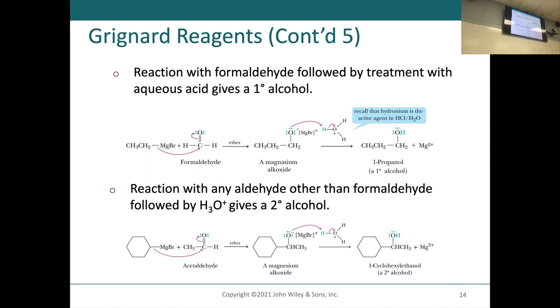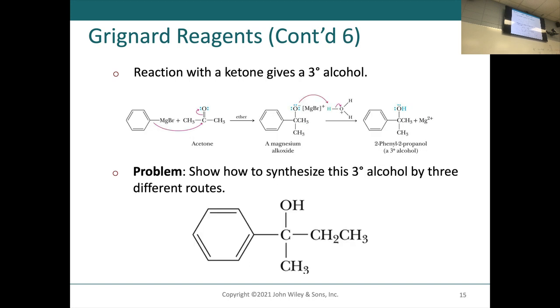Mother Nature's figured it out. We've kind of figured it out, but she's still better than we are at it. So this is a big deal, being able to make a carbon-carbon bond. So there's the example of making a tertiary alcohol. You've figured that out.